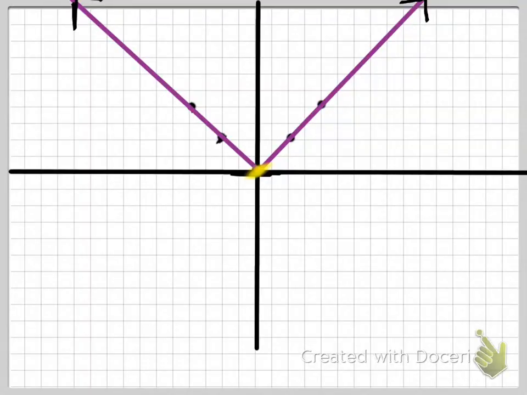Other key features of this absolute value function: it's symmetric. That means I can fold it across itself, and if I fold it over the line x equals 0 (I said y equals 0, that was backwards, sorry), x equals 0 is my line of symmetry.